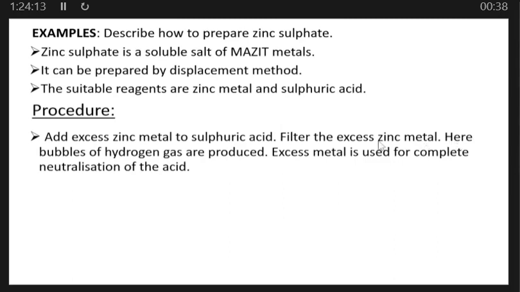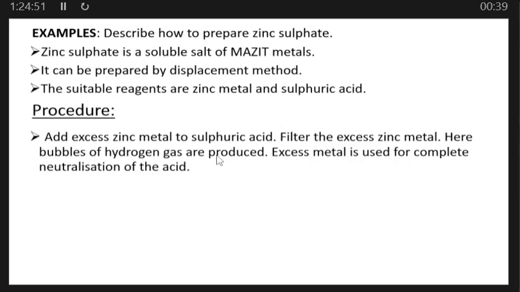Then I said here bubbles of hydrogen gas are produced. So in this reaction, bubbles of hydrogen gas are produced. Because in the exam they can ask you, during the preparation of zinc sulfate, when excess zinc metal was added to dilute sulfuric acid, the bubbles of a gas were seen.